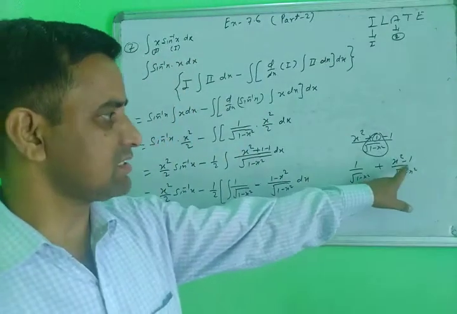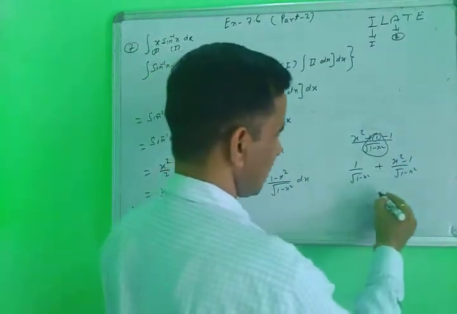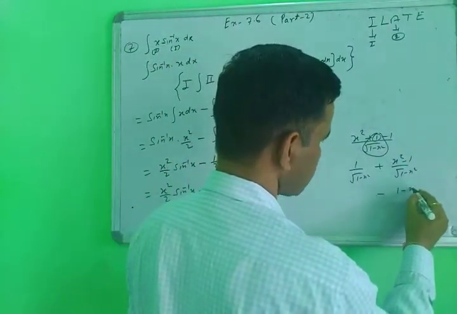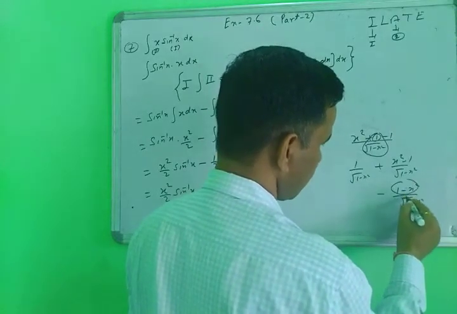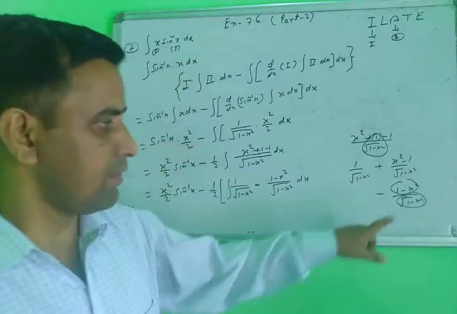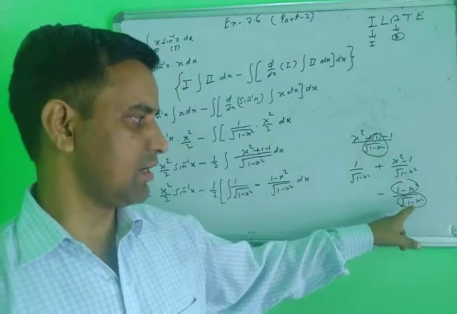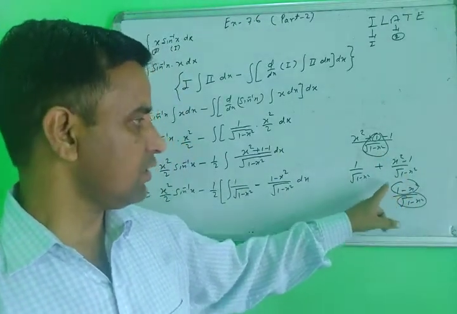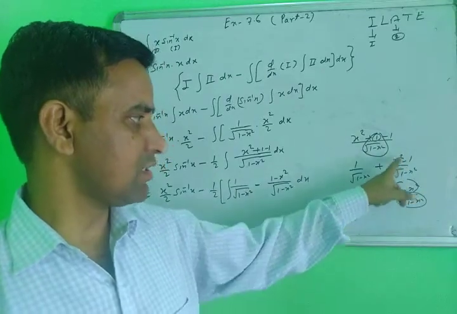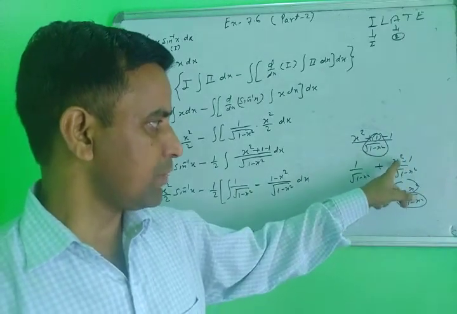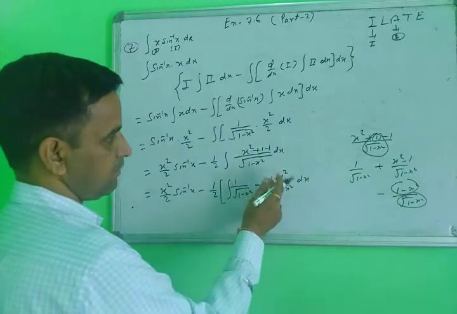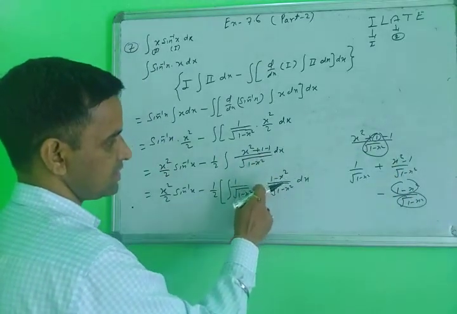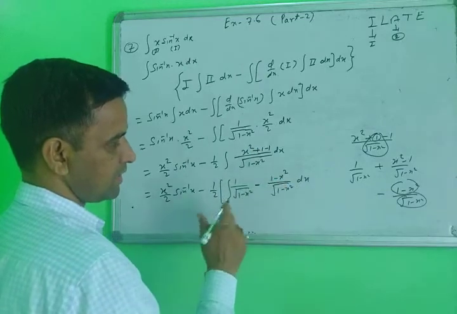But taking the minus sign common, this will be 1 minus x square upon root 1 minus x square, so that the numerator and denominator are converted into like form. The same thing here: I take the minus sign common, giving 1 minus x square upon root 1 minus x square.